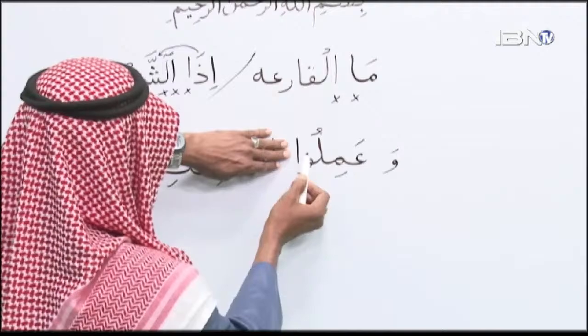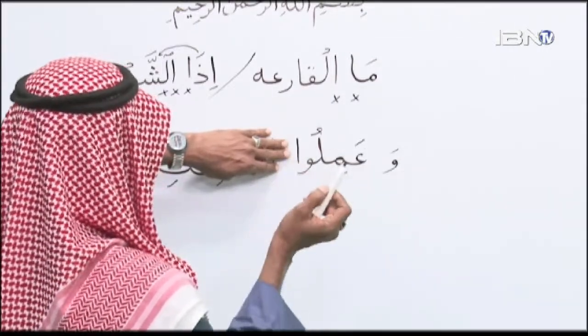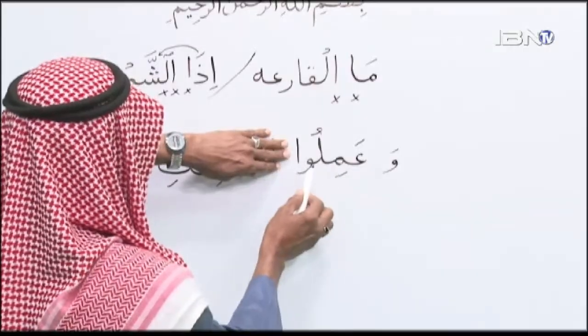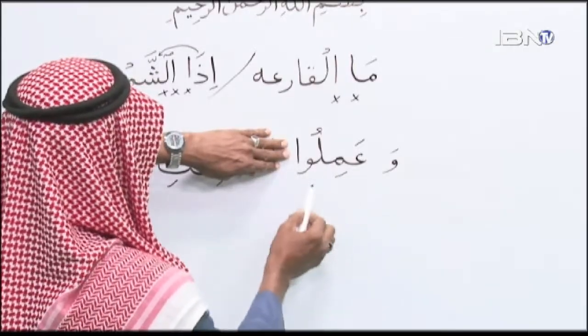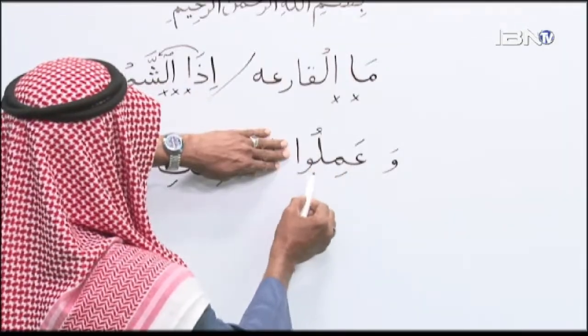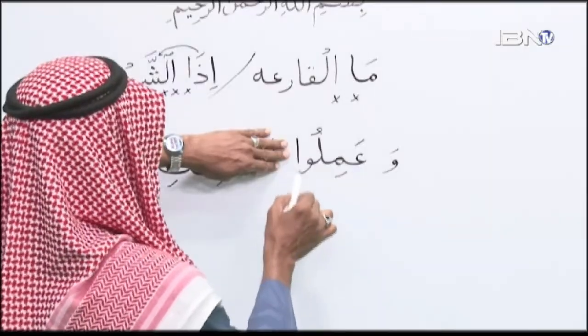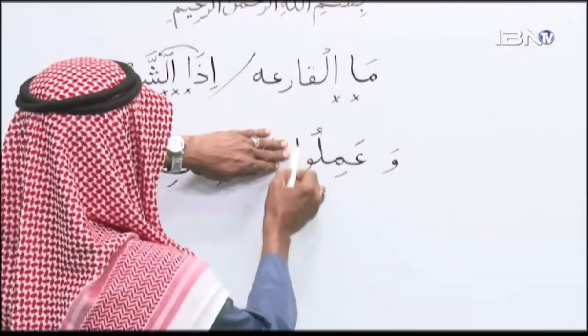So normally you would see it like this. Based on what I have taught you before, you would understand this to be wa amiluwa, but it is not amiluwa. It is amilu. Then why is there an aleph here?